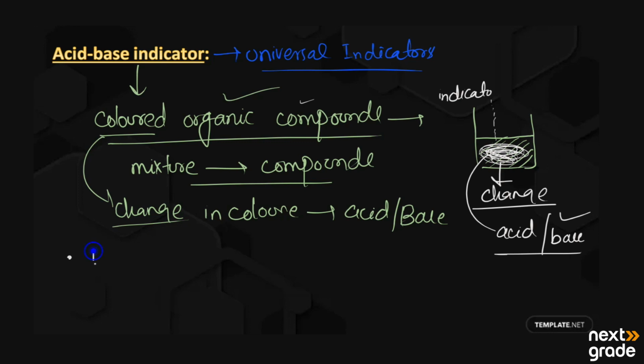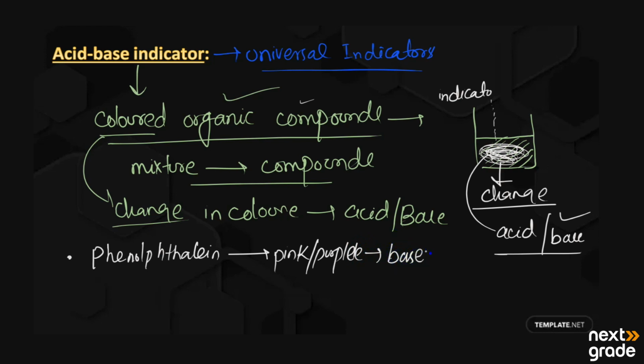The first one we have is phenolphthalein, and it shows a pink or purple color when it is dipped in a base, and it shows red color in acids. As a second example of universal indicators or acid base indicators, we have methyl orange.